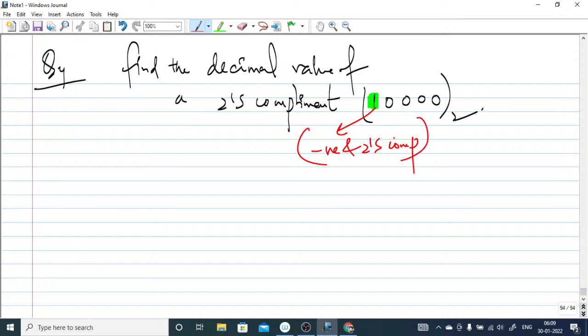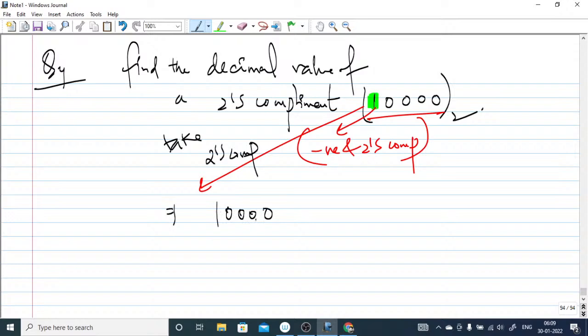So how can you remove this 2's complement? Directly, you can take the 2's complement of this. The sign bit is 1 here, so copy everything.